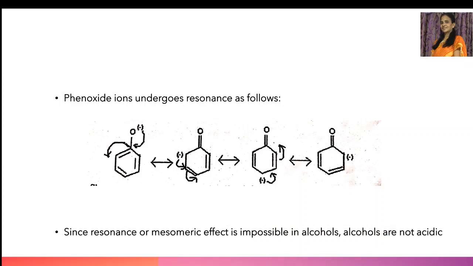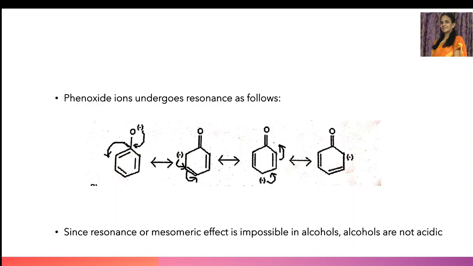How? Let us see. In the phenoxide ion, the negative charge on oxygen moves inside. Between this carbon and oxygen, the double bond is formed due to the shift of electrons. A negative charge is nothing but a pair of electrons, which shift towards the carbon-oxygen bond.